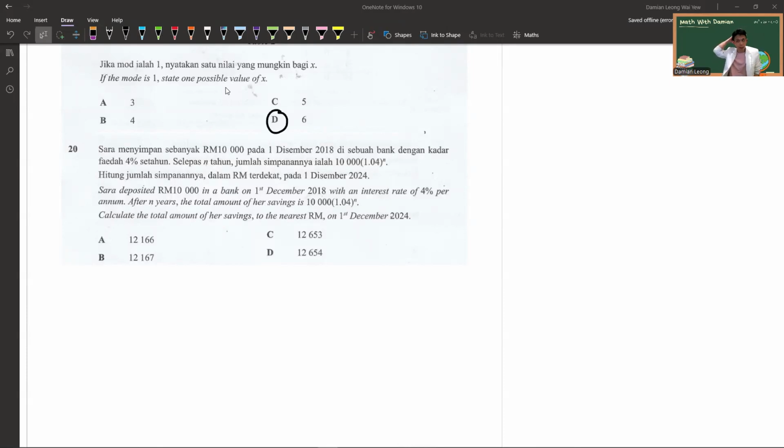So from December 2018 to December 2024 means it is after 6 years. 2019, 20, 21, 22, 23, 24, 6 years pass. So it's when N is 6. So we just calculate 10,000 times 1.04 to the power of 6.